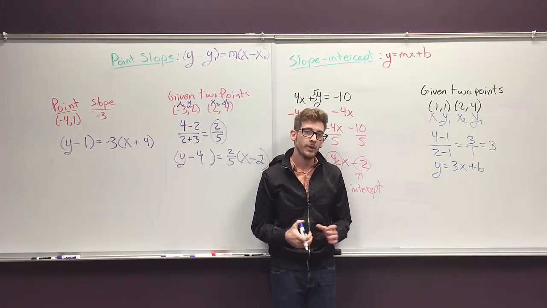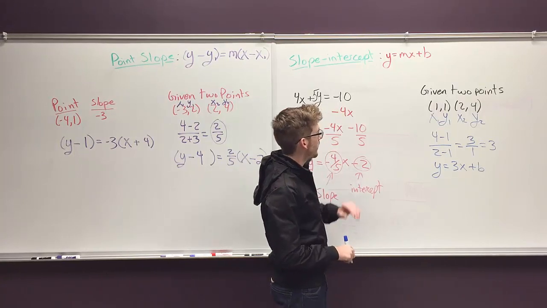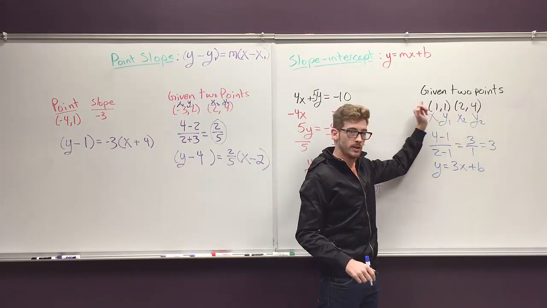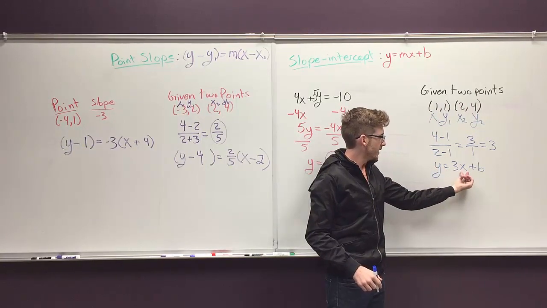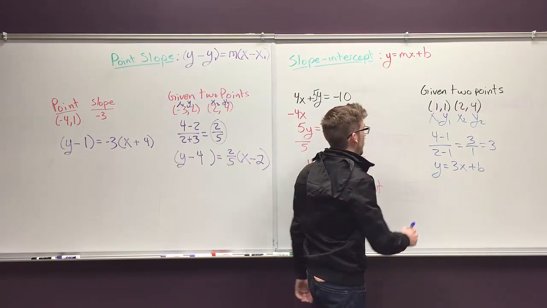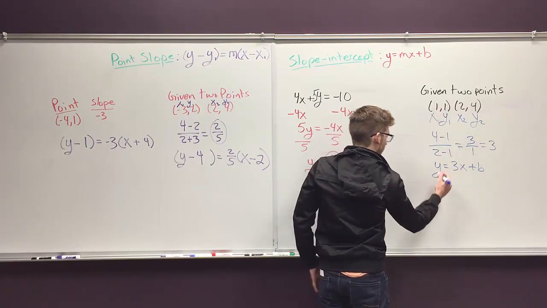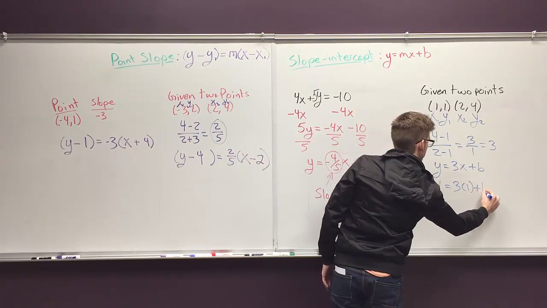How would we find b? Well, we'd find b by plugging in one of our points, right? If I put a value in for y and I put a value in for x, then the only variable left is b. So if I take my point 1, 1 and I plug it in, I get 1 equals 3 times 1 plus b.